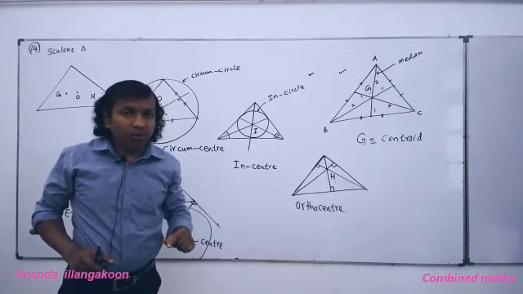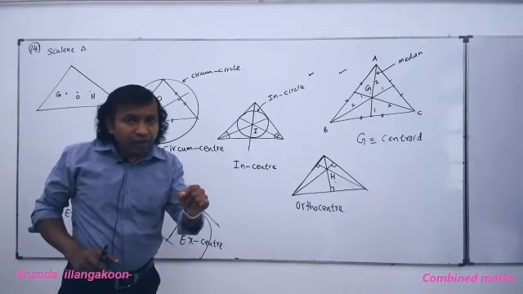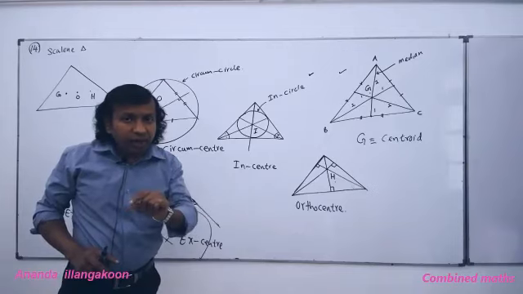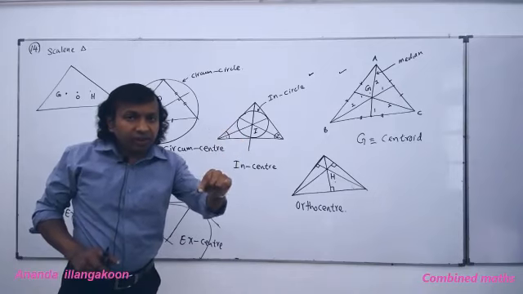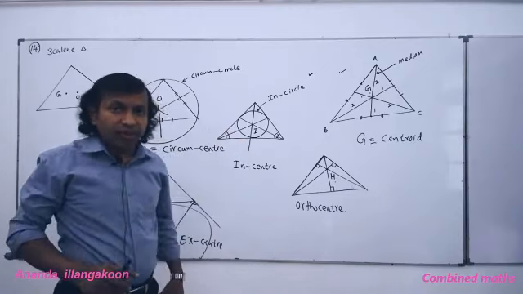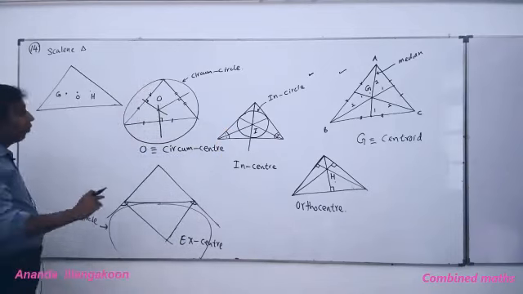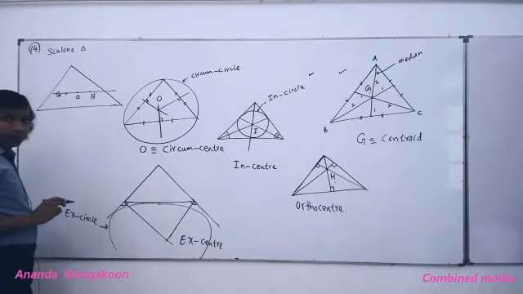You know the meaning of collinear. 3 points are collinear when we join a line by taking 2 points and producing it, the third point comes onto that line, the 3 points on the same line. That is the meaning of collinear. So therefore, this G, O, H is all collinear.